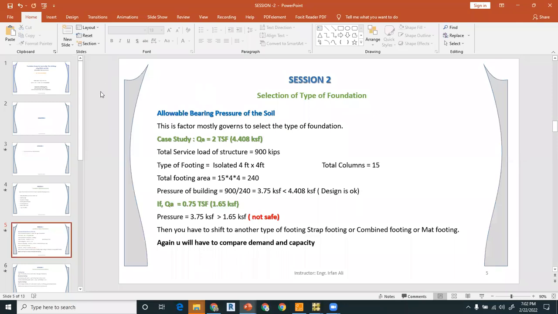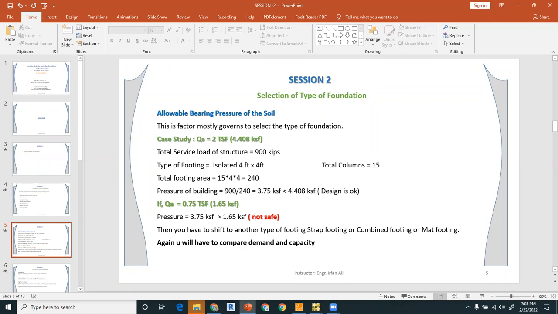All right. So this is a case study, in which we have selected the allowable bearing capacity of the soil as 2 TSF. 2 TSF means 2 ton per square foot, which is equal to 4.408 kip per square foot, right? And the total service load of the structure, because you have to calculate the size of the footing using the service load, not the factored load.